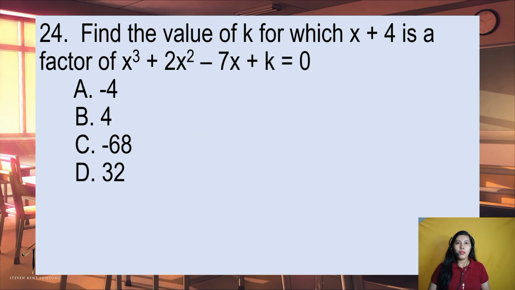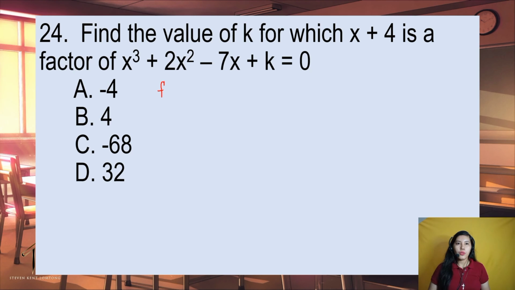Now for the next problem: find the value of k for which x plus 4 is a factor of x cubed plus 2x squared minus 7x plus k. In order for x plus 4 to be a factor, we only have to substitute its root in the equation, then equate to 0.